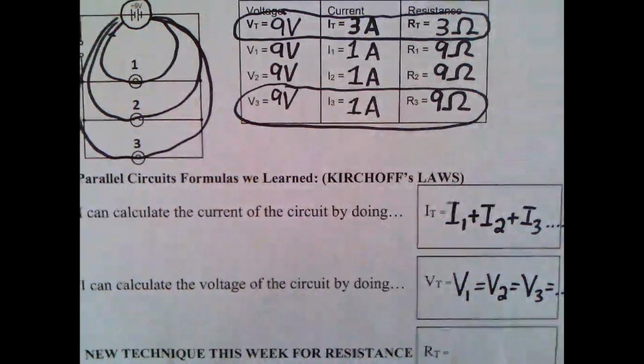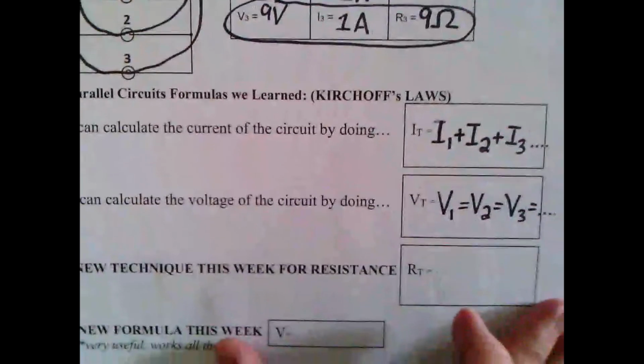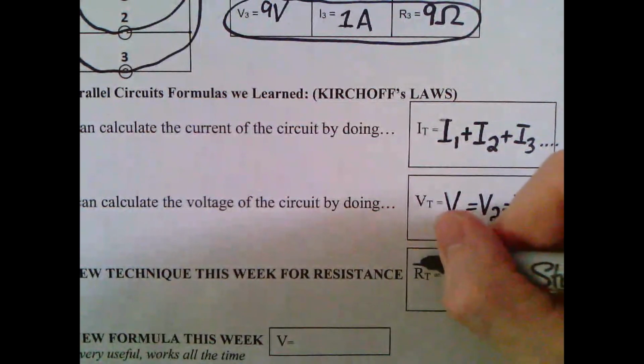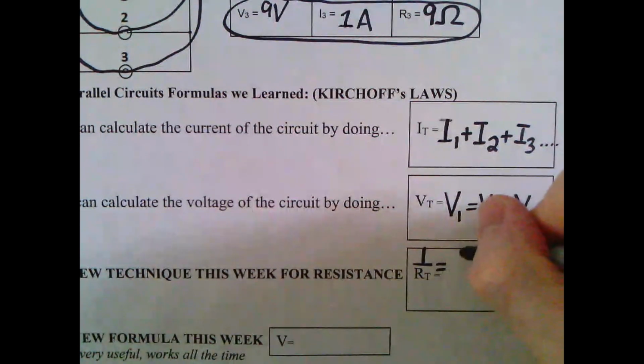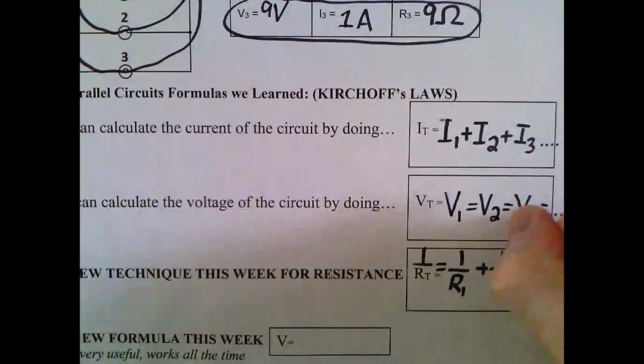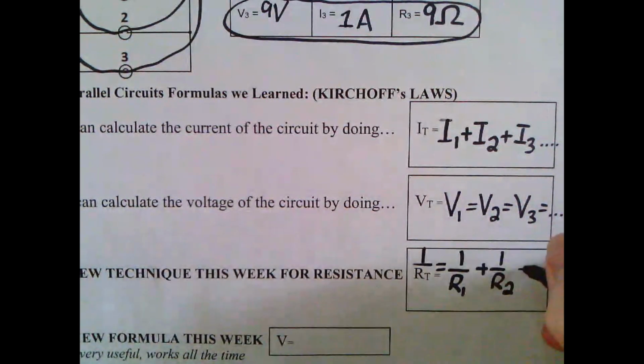If we look lower down to resistance, resistance is a totally new formula. We're probably not really going to use it, but just for the sake of how this works, it looks like this. If we were teaching you this in person, we'd probably focus on this more.